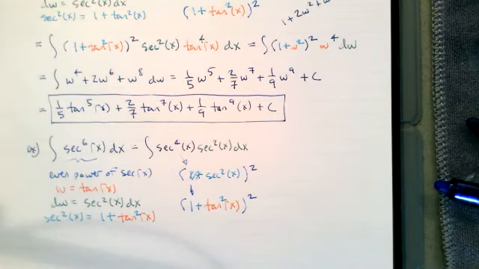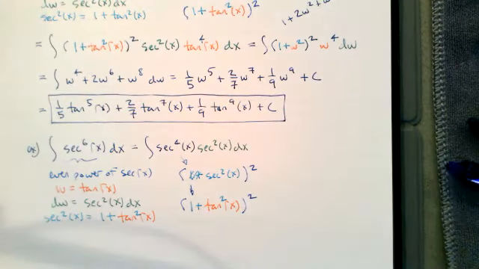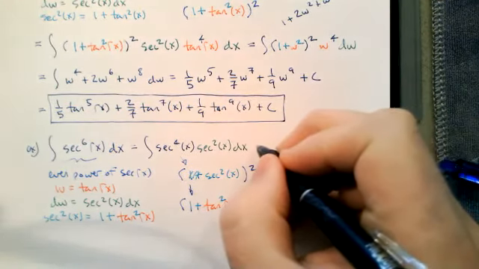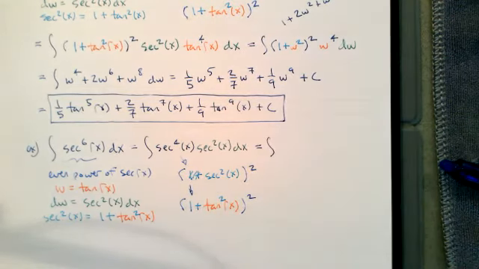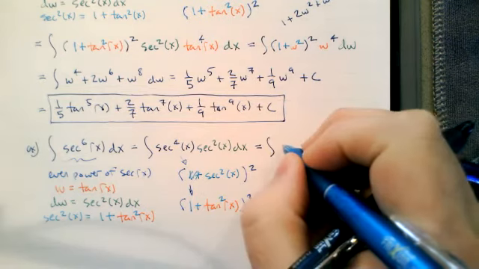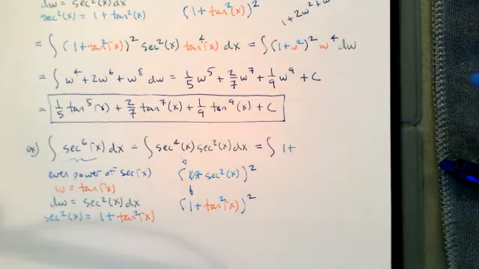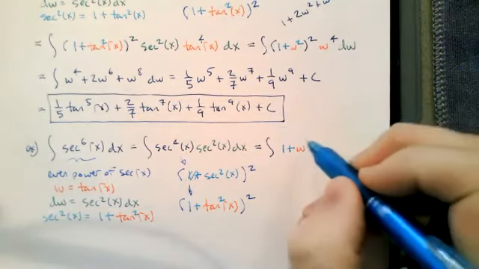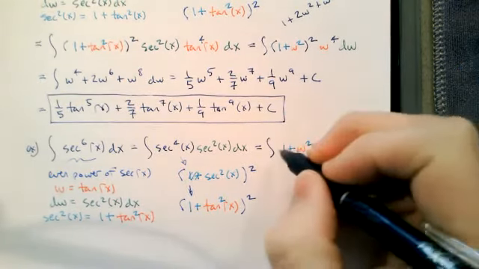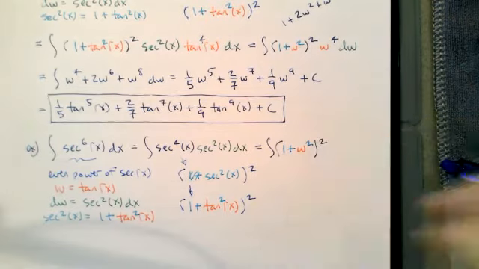So the secant to the 4th, or sorry, the secant to the sixth integral in x is going to be an integral of 1 plus w squared, squared, dw.